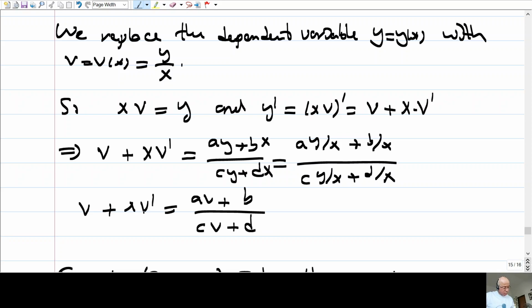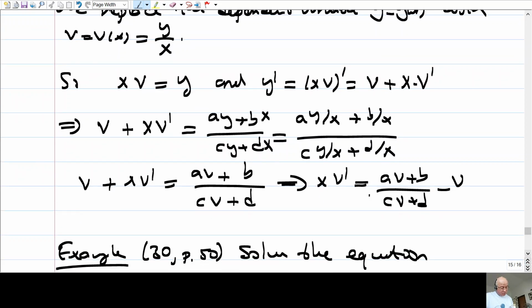And you see, once you have this, you have x times v prime equals (av + b) over (cv + d) minus v, and now the equation is kind of separable because v prime is just this expression divided by x, so it becomes separable.